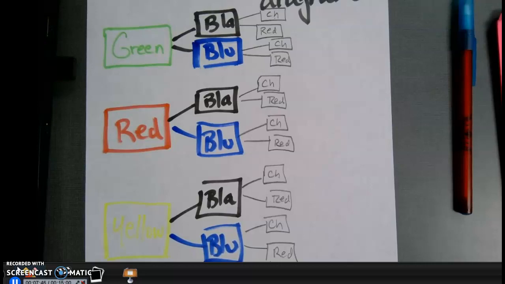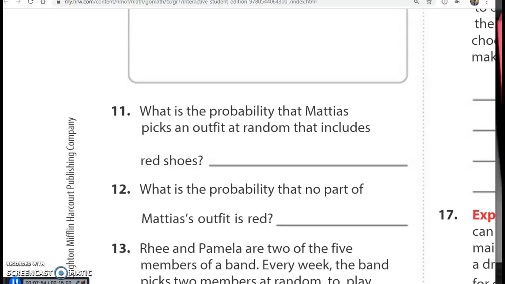as the example said. So what I'm going to do at this moment is switch back over to the problem so we figure out exactly what probability we are attempting to find. So we have 2 different probabilities that we can discover here. Question number 11 and question number 12. 11 says, what is the probability that Matthias will pick an outfit at random that includes red shoes?